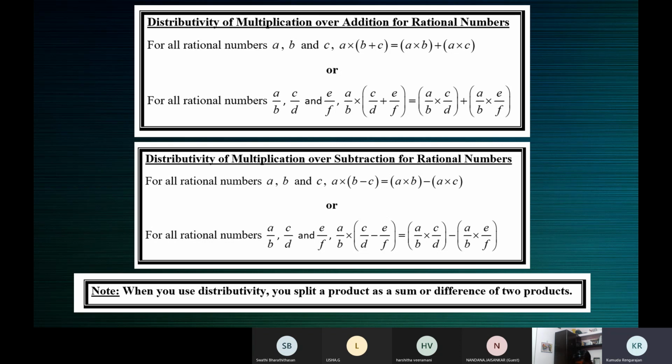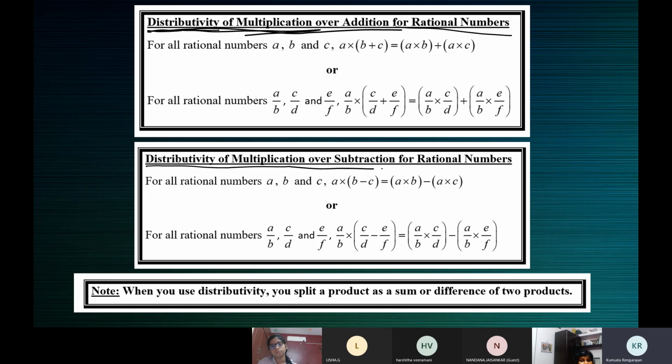Let me read it slowly. Distributivity meaning distributive property of multiplication. We have two operations here.